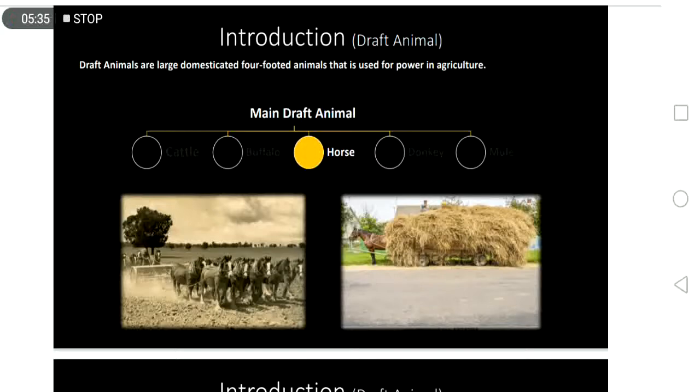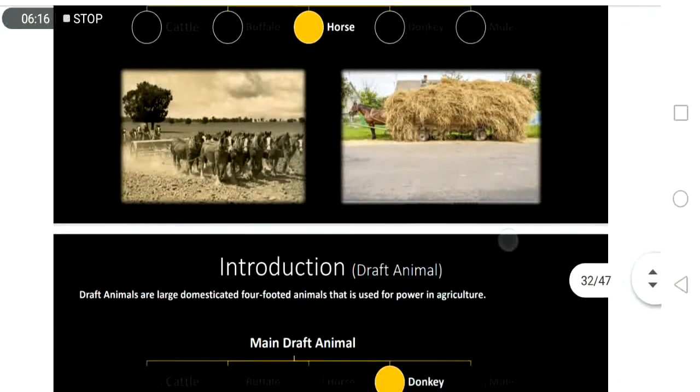If the required power cannot be provided by only one animal, then as you can see in the picture, you can use a group of animals to give the necessary power that you need for some agricultural operations like that. On the other hand, horses are also used for transportation of different agricultural products and produce.